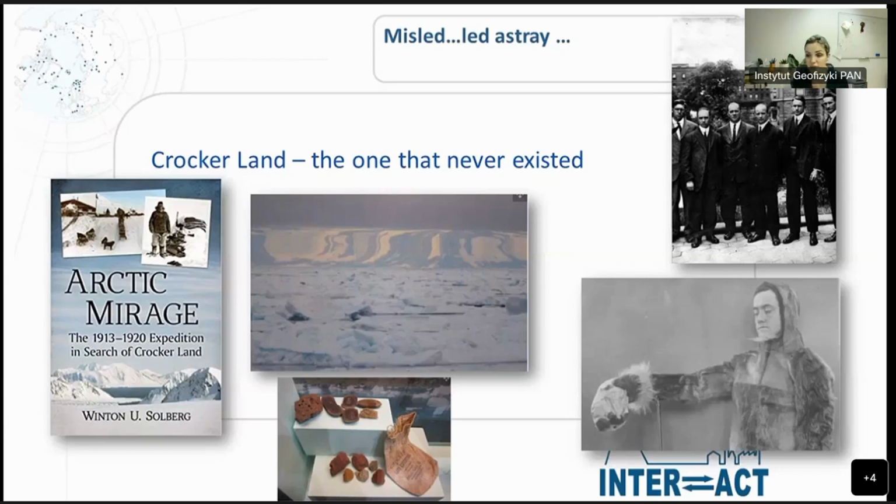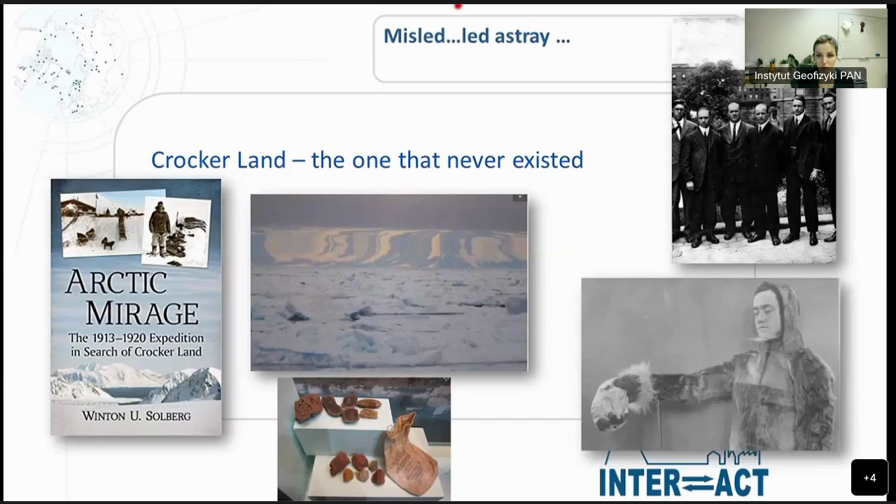But actually, they did not come back in glory like other explorers, but this expedition was not entirely fruitless, and they gathered some rock samples, not from Crocker Land because it did not exist, but they brought back some samples from other Canadian islands, and also some bird migration routes were observed.